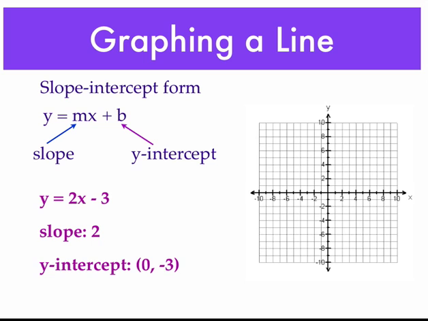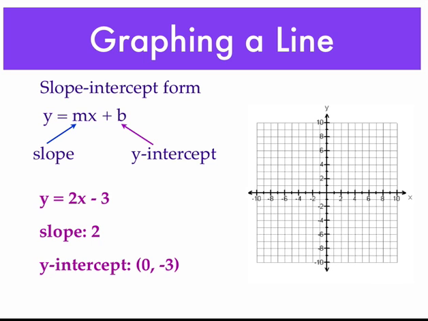The slope is 2, the coefficient on the x, or you want to think of it as 2 over 1, so you can remember that you're going up 2 and over 1. The y-intercept is the constant term, which is negative 3, and I'm going to write it as a point, 0, negative 3.